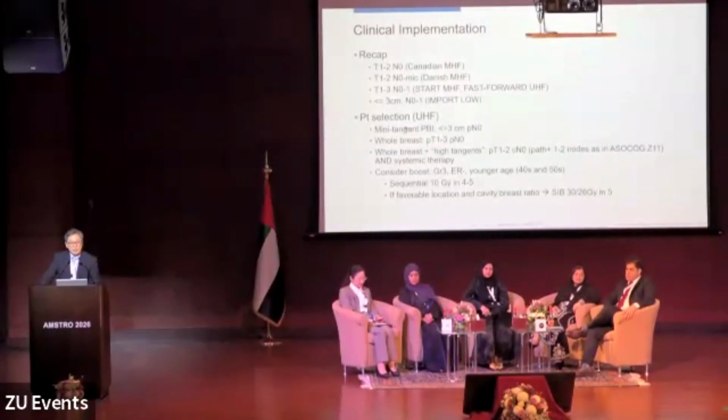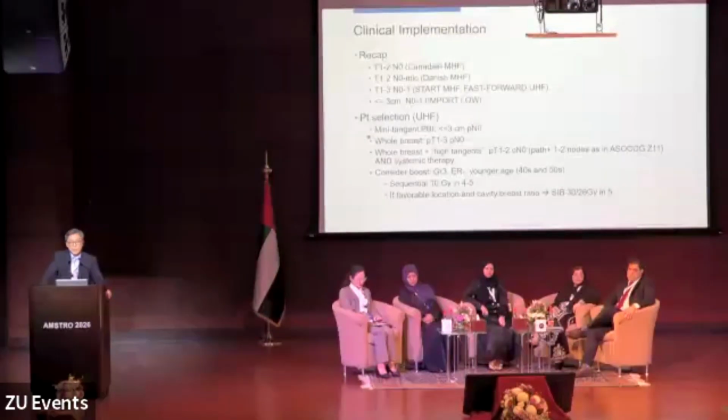So using ultra-hypofractionated radiation, these are the scenarios I can think of. If you have favorable breast cancer patients who are eligible for partial breast, you can use a mini tangent technique as in IMPORT LOW. If they have T1 to 3s and N0, whole breast, 26 in 5.